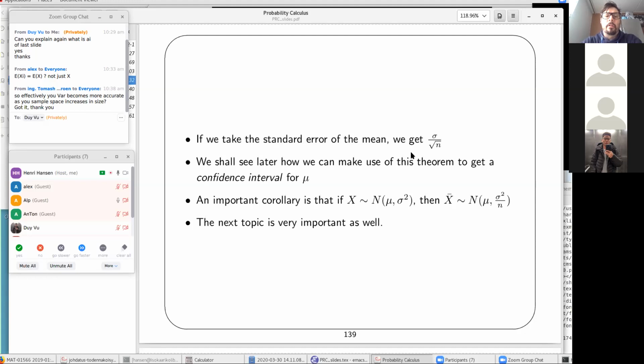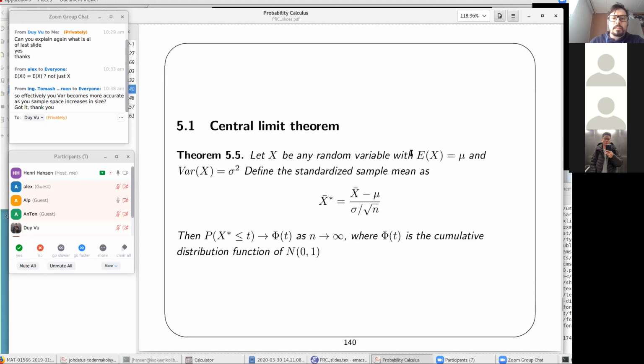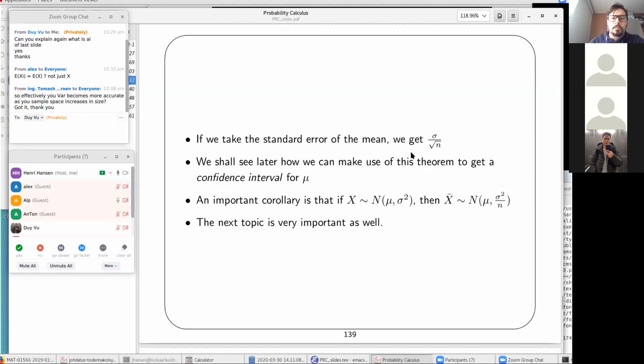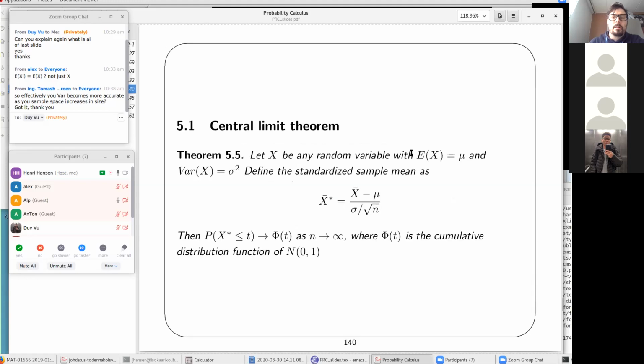An important corollary or consequence of this theorem is that if we have a normally distributed variable, then the sample mean has a normal distribution, but with diminishing variance as n grows. So this is important. The next topic hinges on this. So we have the sample mean here, and this is a danger.